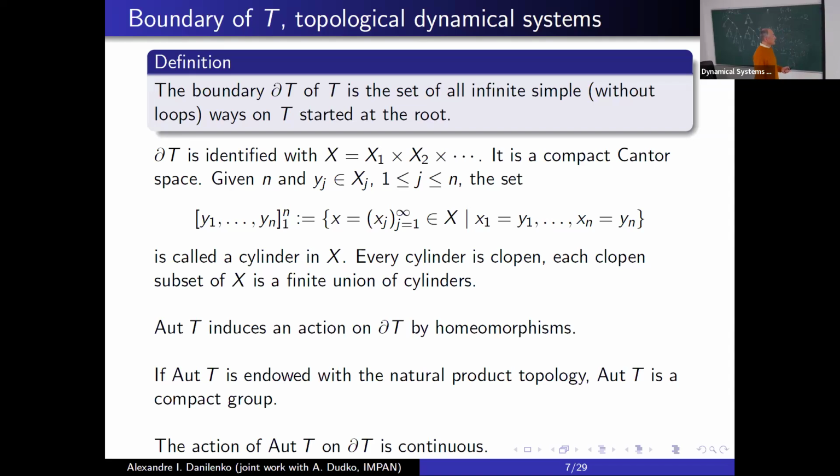The group of T induces an action on the boundary by homeomorphisms. If our group is endowed with the natural product topology, then it is compact and totally disconnected, and it acts on the boundary in a continuous way. Moreover, this action is transitive.